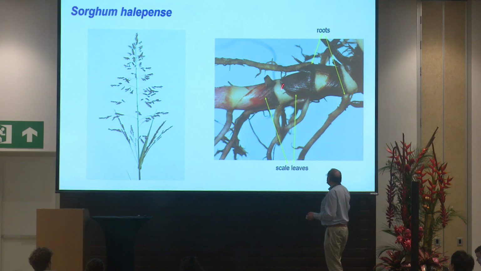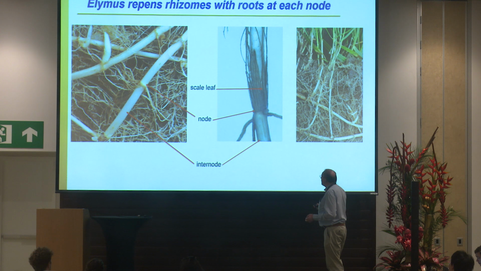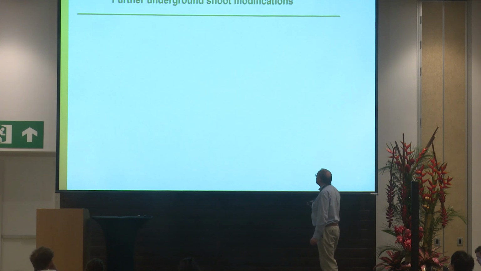So these are the scales of Johnson grass, Sorghum halepense. And these are rhizomes of quack grass with roots at each node. And these are the scale leaves of quack grass.